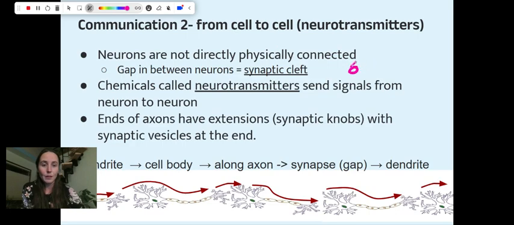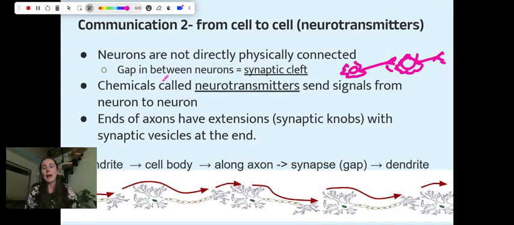So if we've got one here, and here's the end of it, the next nerve cell might be really close to it, but not completely. That gap that you can see is called the synaptic cleft. We have to pass chemicals from one cell to the other. In this case, those chemicals are called neurotransmitters, and they're going to send a signal from neuron to neuron.